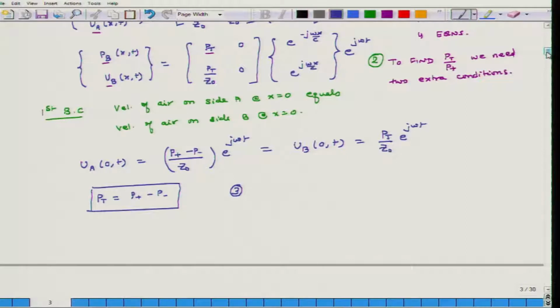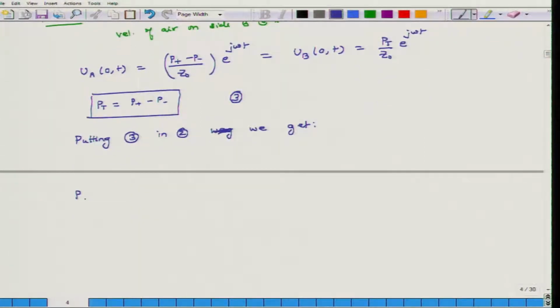So, if I put 3 in 2, putting 3 in 2, we get, so what do we get?